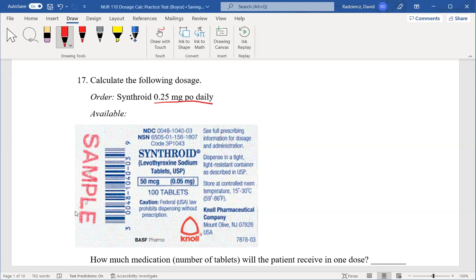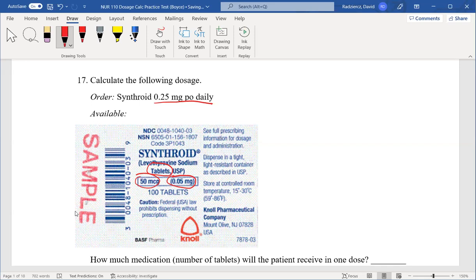Then we look at our label. We know it comes in tablets, so we're administering tablets. It says 50 micrograms, which is the dose per tablet, but it also says 0.05 milligrams. So these are the same dose, or the same strength, right?